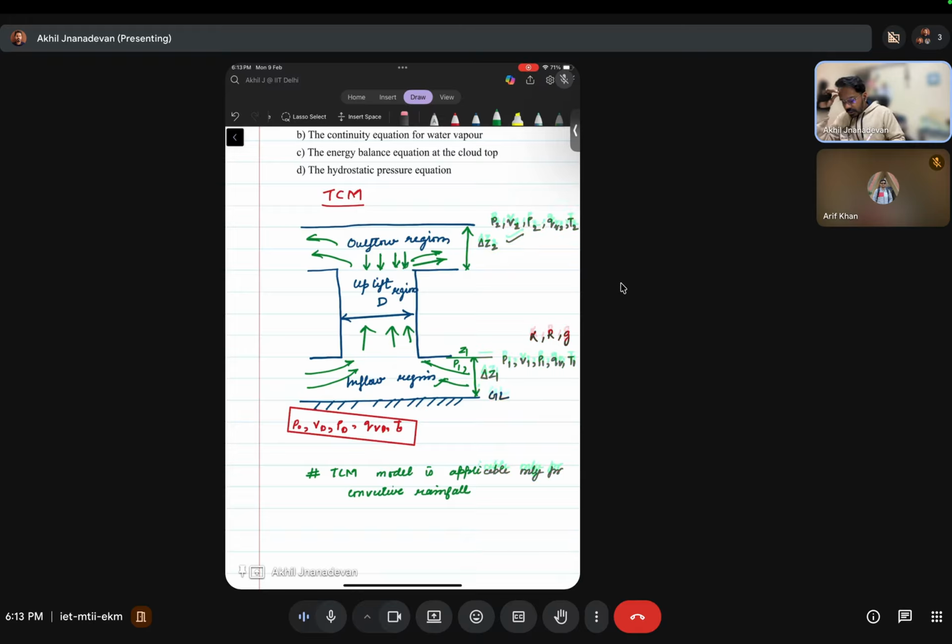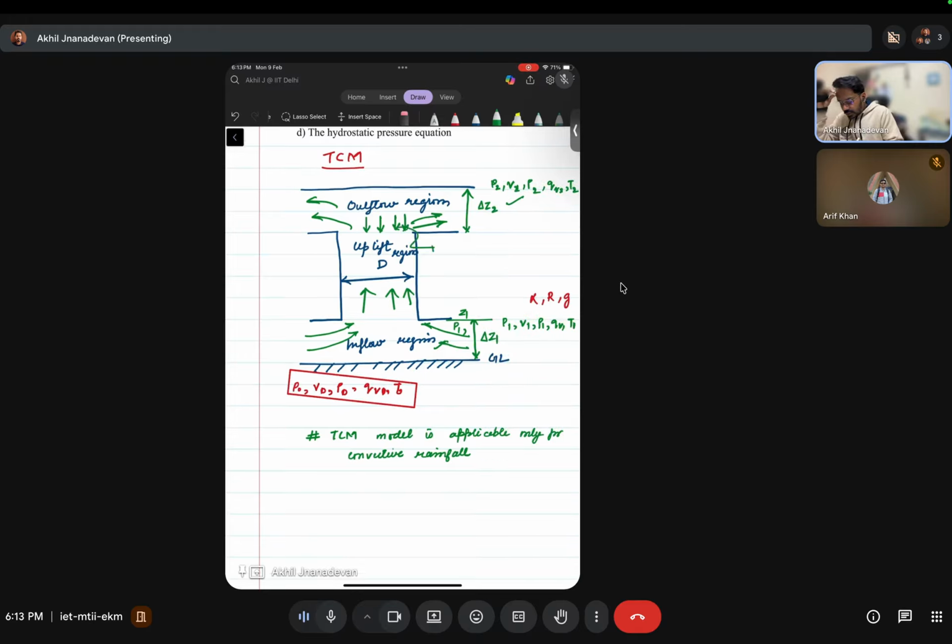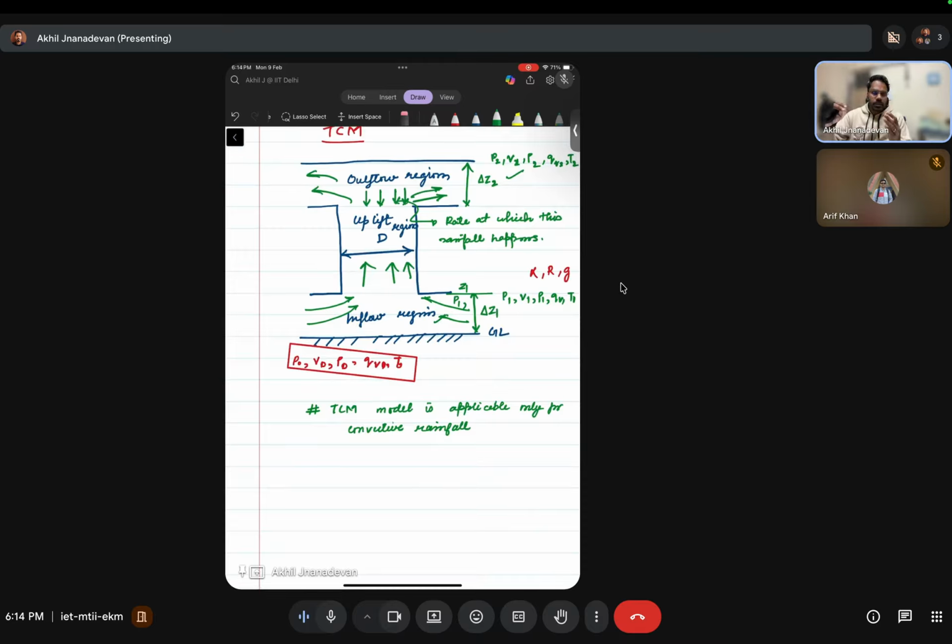And our intention is to find the rate at which this rainfall happens. So basically, the cylinder of diameter d that we consider is nothing but a control volume.